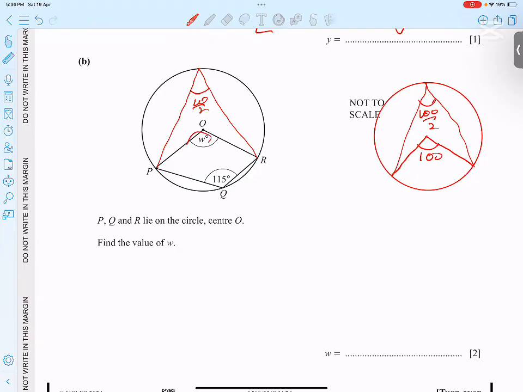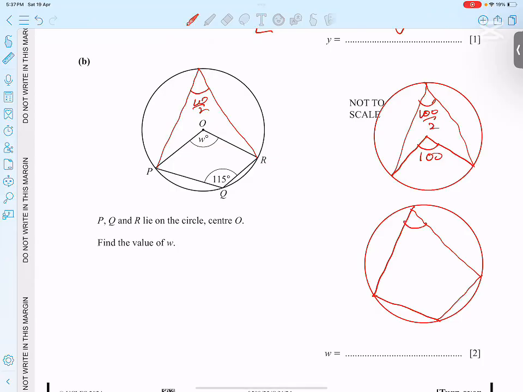So same here, if this is W, this is W divided by 2. And we have another property of circles: cyclic quadrilateral. So if this angle is, for example, P, and this angle, let's say Q, the sum of both angles equals 180. So in this sense, this plus this equals 180.